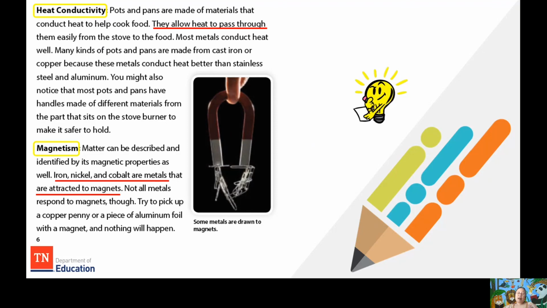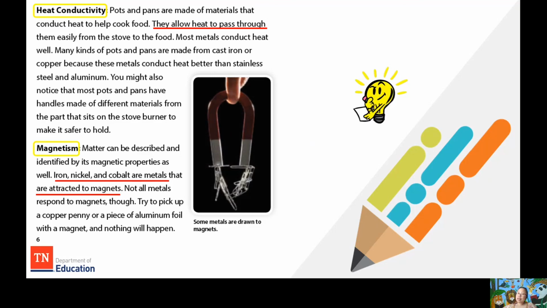And when we think about physical properties, we can think about their color, how hard they are, whether they conduct heat or magnetism, whether they float or sink, if they're shiny or dull, how soluble they are, the solubility. So we've got lots of ways we can describe different kinds of matter.